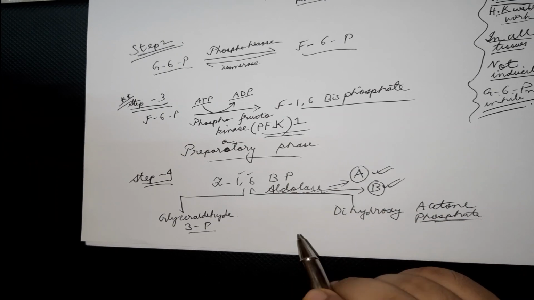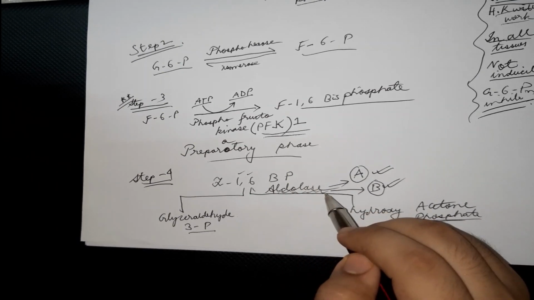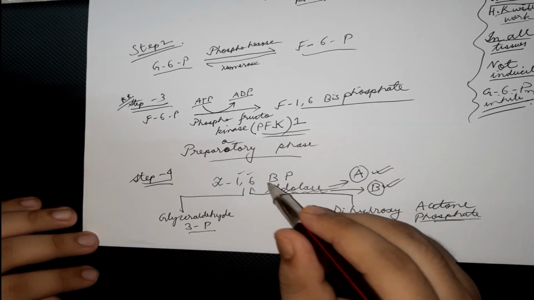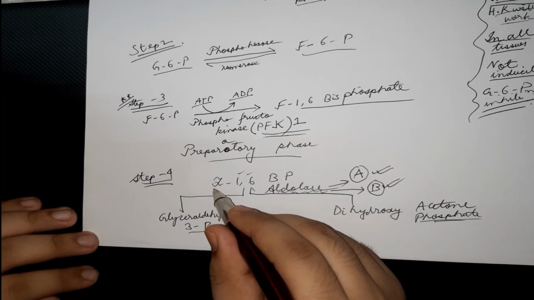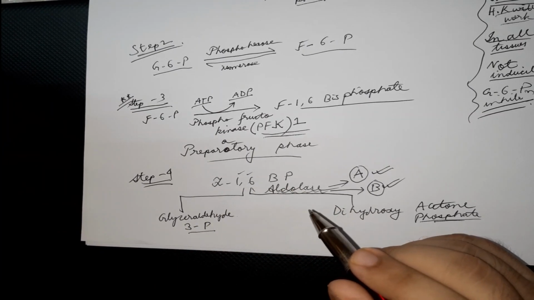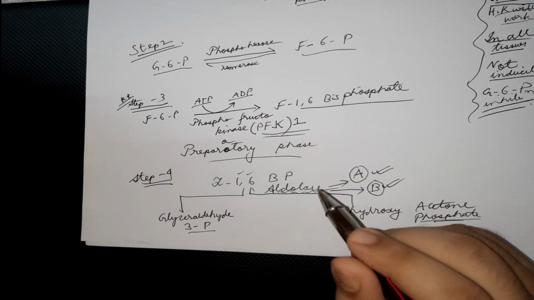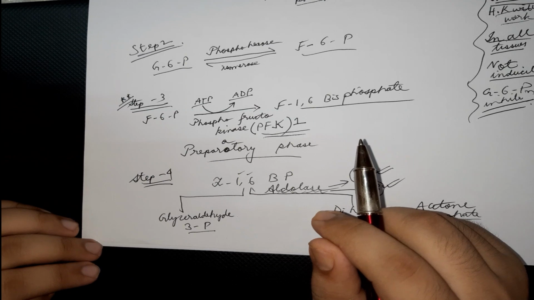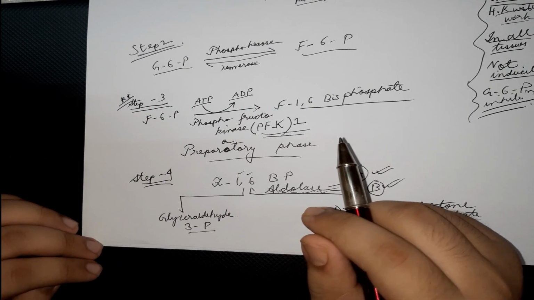Now listen to me very carefully. See, aldolase A is the isoenzymic form which is actually facilitating the splitting of fructose 1,6 bisphosphate to glyceraldehyde 3-phosphate and dihydroxyacetone phosphate, right? And aldolase B will be used when we talk about fructose metabolism.